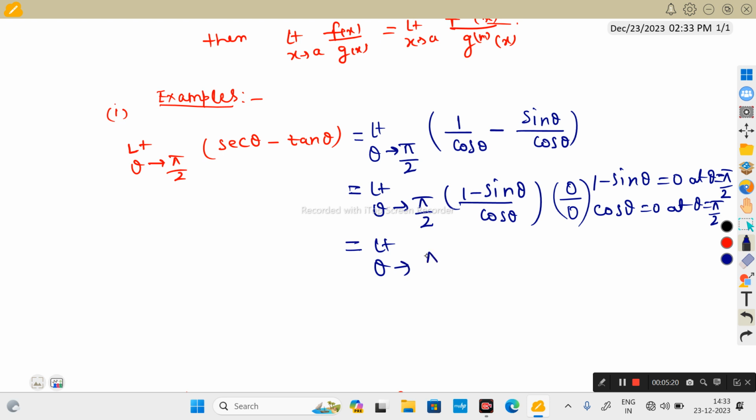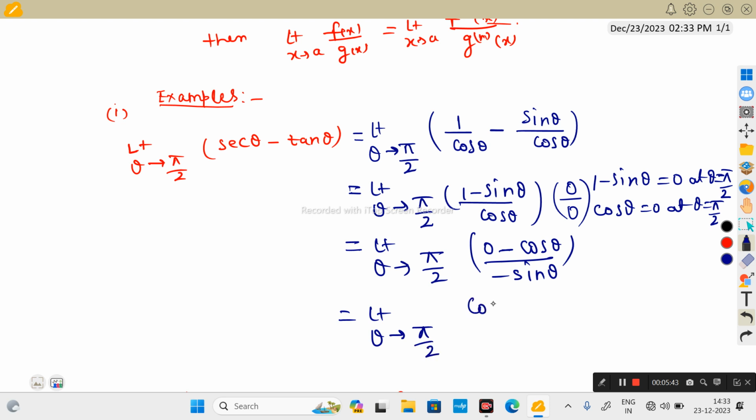What do we do first? First we differentiate the numerator and denominator with respect to theta. The derivative of 1 is 0, the derivative of sin theta is cos theta, and the derivative of cos theta is minus sin theta. This becomes the limit as theta tends to pi by 2 of cos theta upon sin theta.